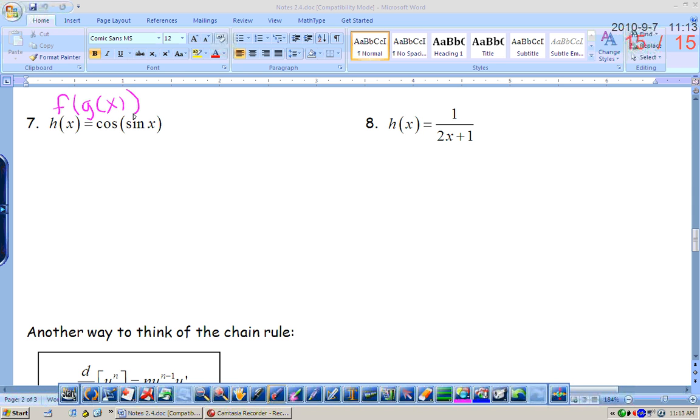All right, what do you want g to be on number 7? Good, sine x. Therefore, f would be cosine x. So g prime is cosine x, and f prime is negative sine x.